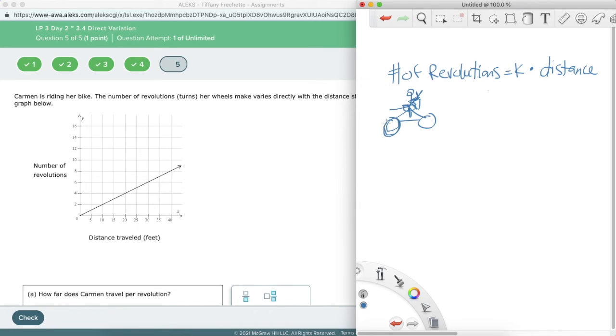So we can see the wheels are turning. And she's moving forward. So every turn would help her move farther forward, right? So that makes sense. That's definitely kind of easy to picture. Not maybe if you look at my stick figure picture, but something along those lines. We have a person on a bike. We can picture the wheels turning, and as the wheels turn, it's going to pull the bike forward, right? That's the whole point of the bike.